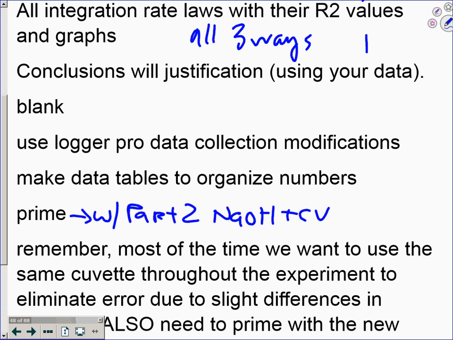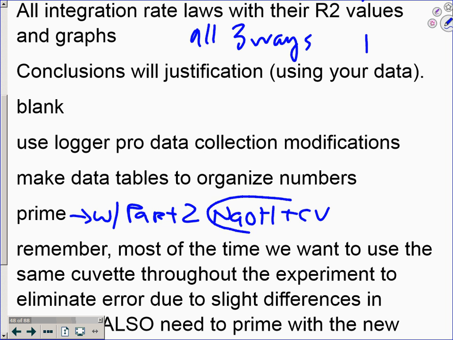Do not use the diluted versions of your CV. Use your stock, which was what molarity? 25 micromolar, right? So do use that, but it doesn't necessarily matter which combination you use, because you are tracking that initial absorbance, which you'll convert to concentration, and you're just tracking that change over time. It doesn't matter how you start. So just come up with a plan, and let's call it a day, okay?